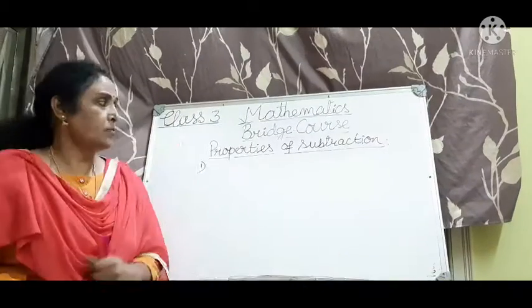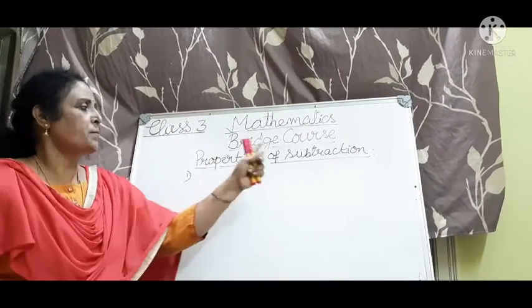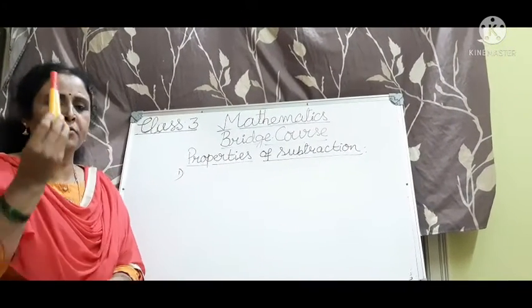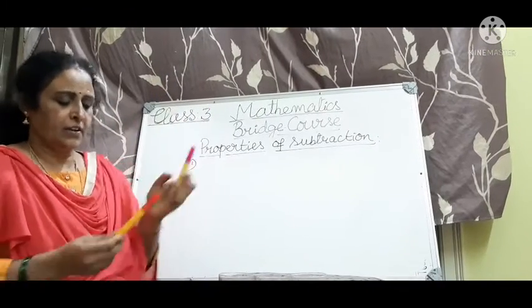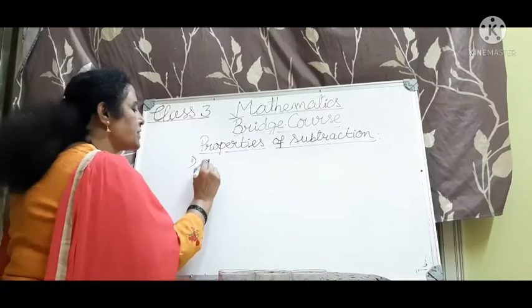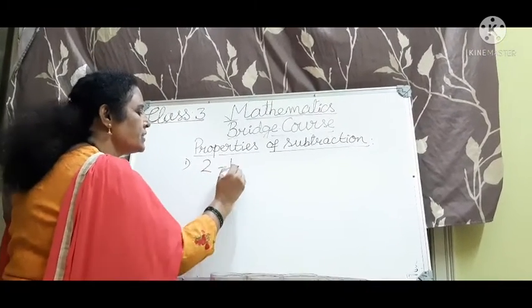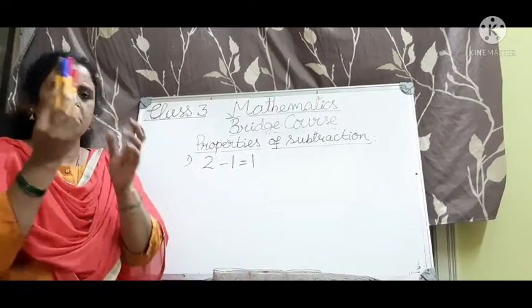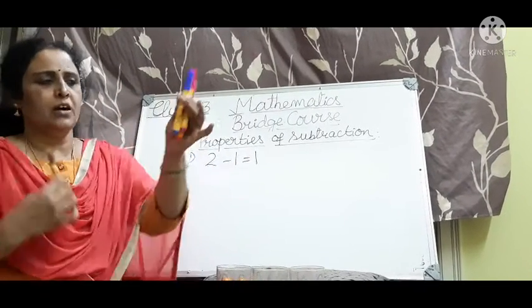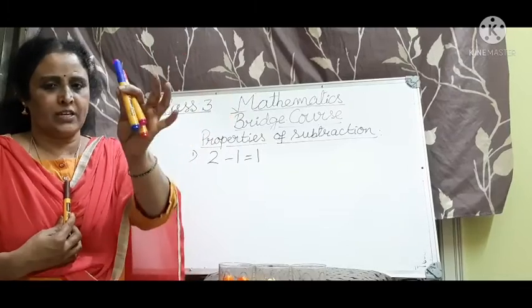Now we practice about the properties of subtraction. See, I have 2 pens. I will take out 1. How many are remaining? 1. That means 2 minus 1 equals 1. Again, I have 4 pens with me. I will take out 1. How many are remaining? 3.